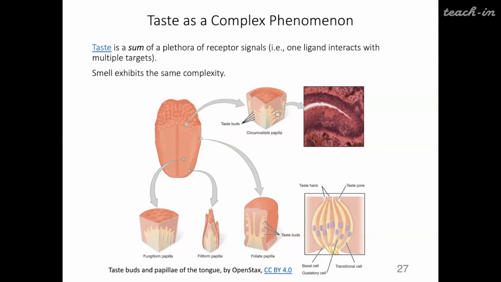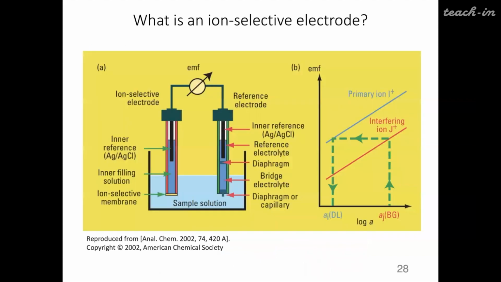So models that predict taste or smell may be really complex. Sometimes it takes deep learning approaches to build a really predictive model, as was demonstrated recently.